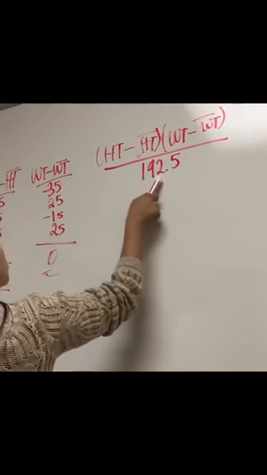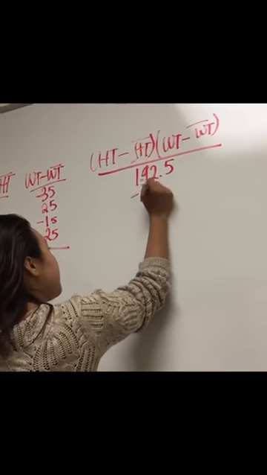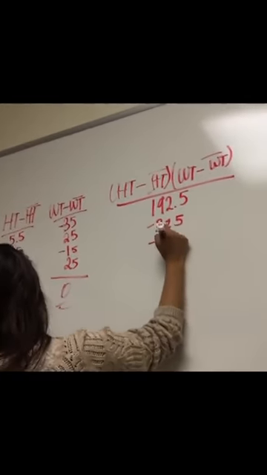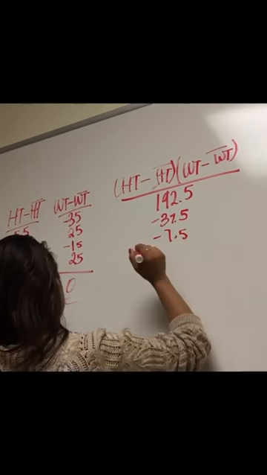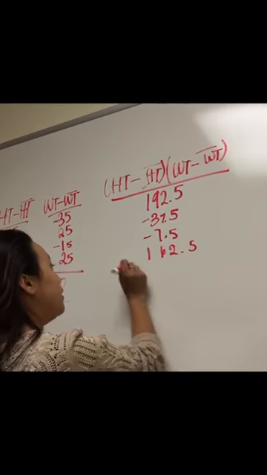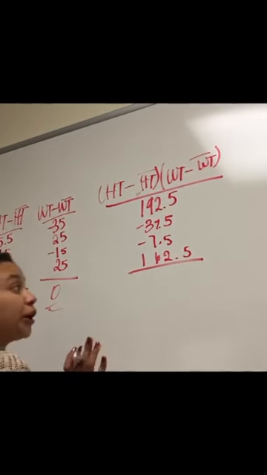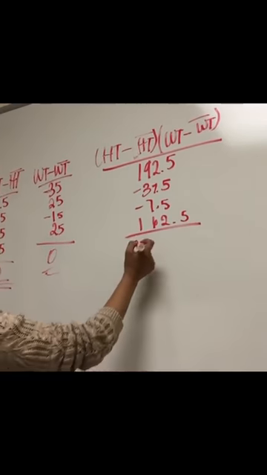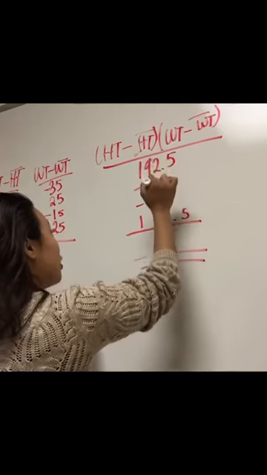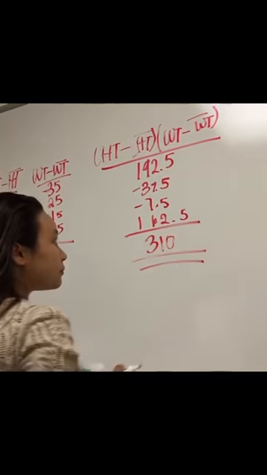So that'll be 192.5, negative 1.5 times 25 gives us negative 37.5, then negative 7.5, and 162.5. When we add these, it's not necessary for it to become 0. Whatever the answer is, we use it in our formula. If you add all of these up, it's going to be 310.